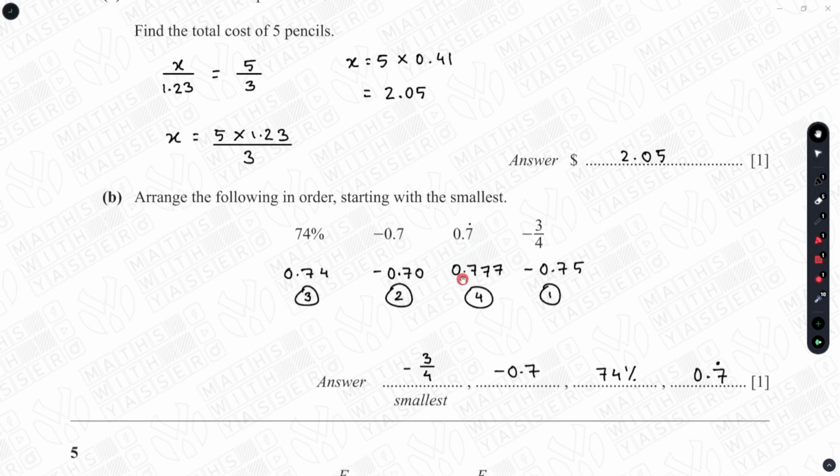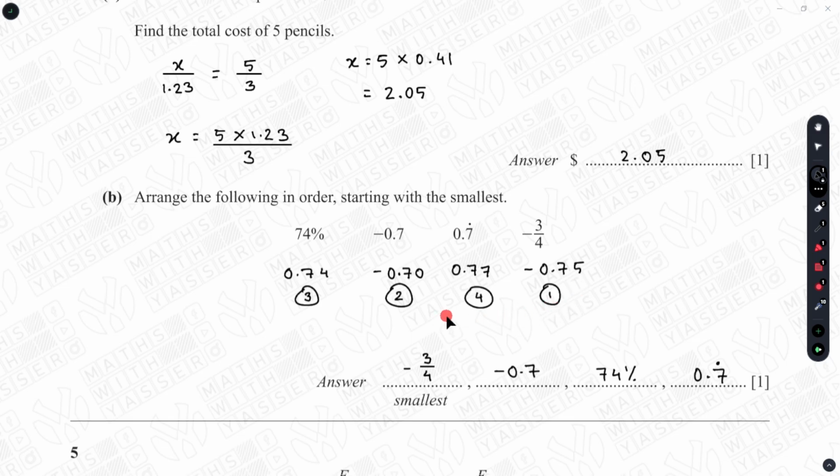So this can be written as 0.777... And then we have minus 3 over 4. Minus 3 over 4 written in decimal will be minus 0.75. So now we can easily observe which one is the smallest.